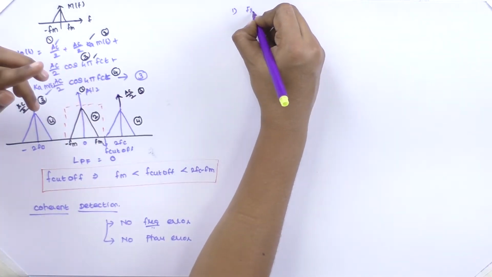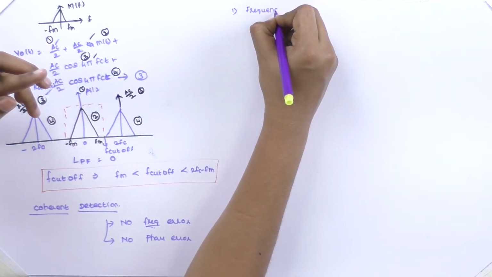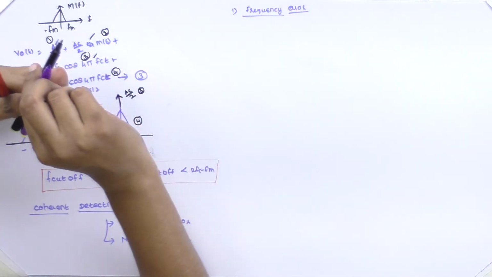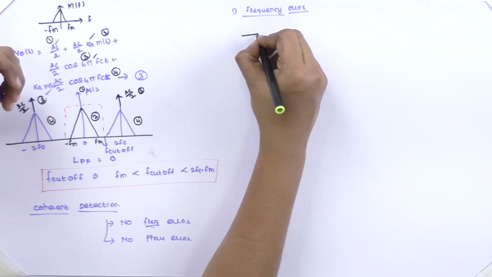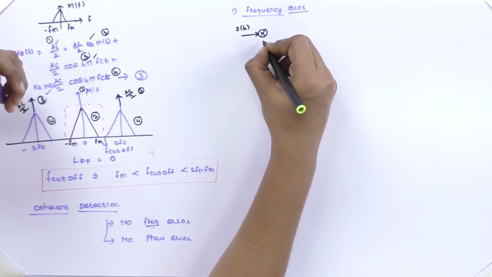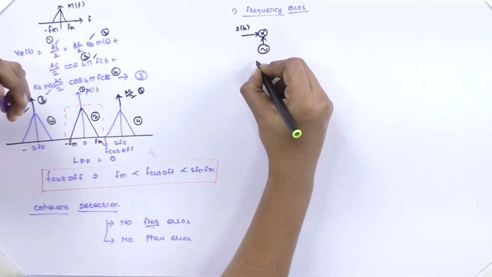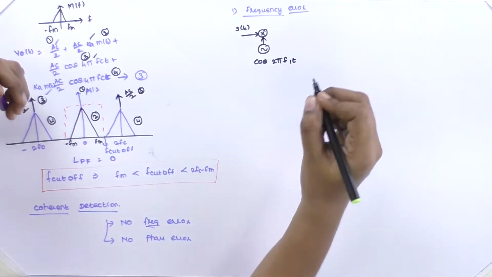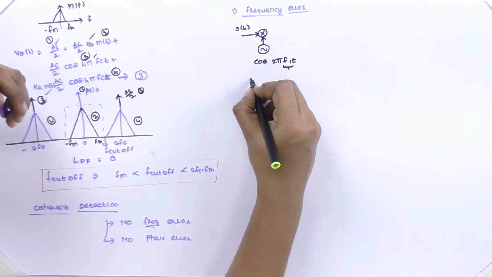First, if we have a frequency error, assume our S of t is the input signal, and this is our carrier. Earlier we saw the expression with 2 pi fc t, now we have replaced our fc term with f1.